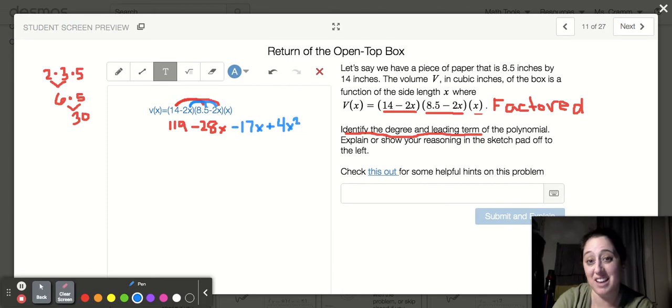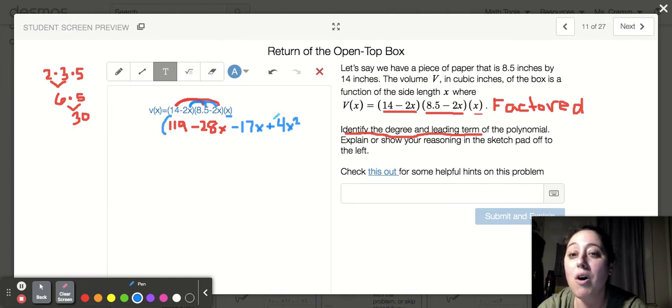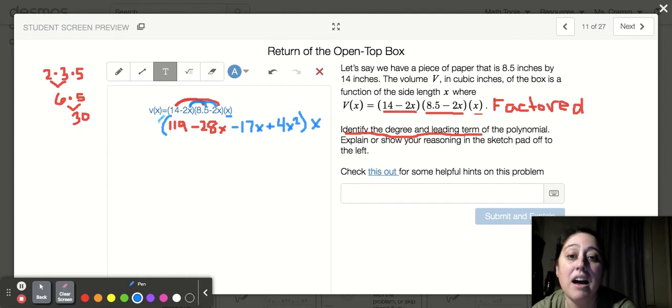Remember, x times x is x squared. Now I still have this third factor here. So I've got to put all of this in parentheses, and I'm multiplying it by x. Now, if it makes you feel more comfortable, you can move this x to the front. Either way you want to do it.